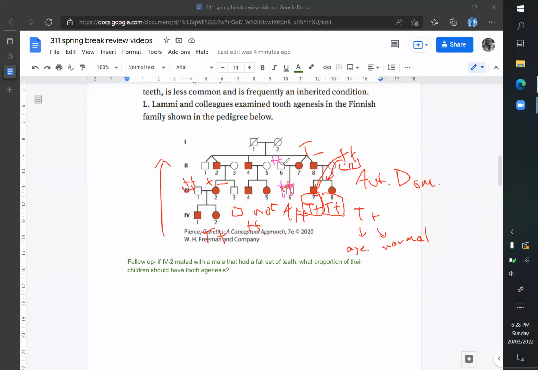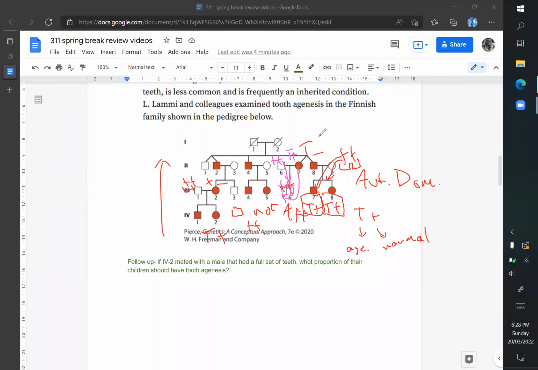But it's obvious that an unaffected parent would pass on an unaffected allele. However, this parent is affected but passes on an unaffected allele. So they are obviously going to be heterozygous. Because they're affected, they have the dominant allele, but their offspring was entirely unaffected, and therefore they would have had to give this lowercase t allele.